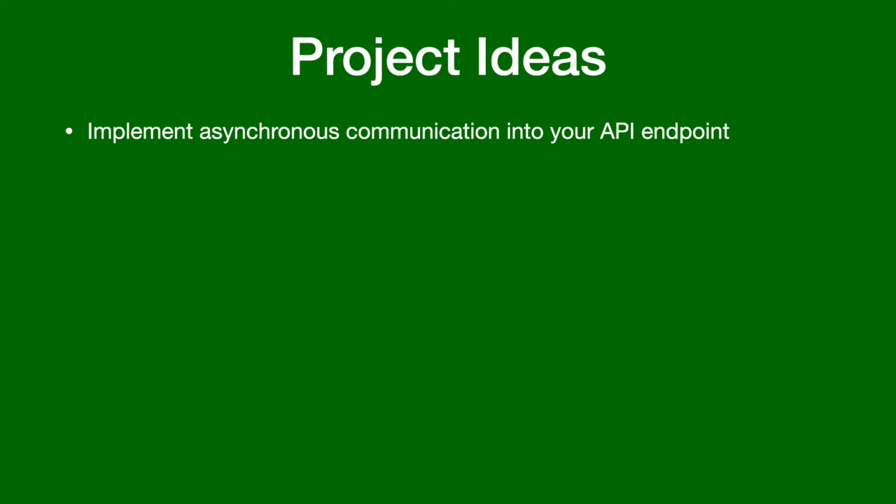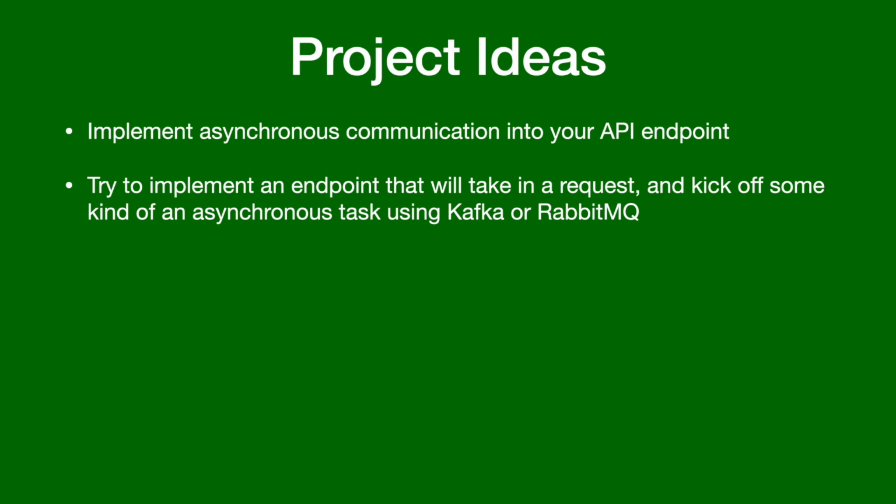Project idea. So now that you know about a messaging system, go ahead and implement some asynchronous communication in one of your API endpoints. Try to implement an endpoint that will take in a request and then kick off some kind of asynchronous task using Kafka or RabbitMQ.